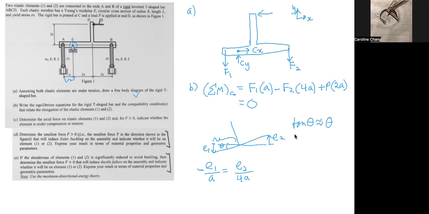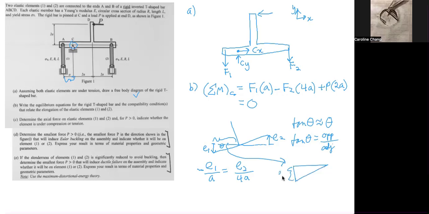And this is from the fact that tan theta is equal to opposite over adjacent. So if we look at this triangle over here, we saw that we could represent it as this.